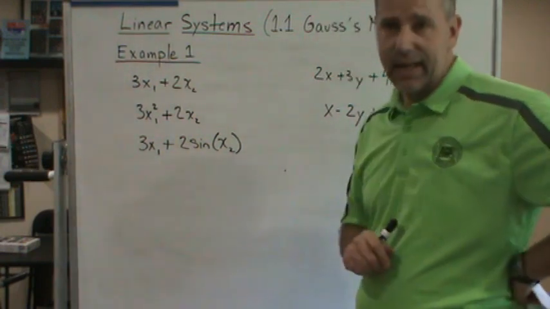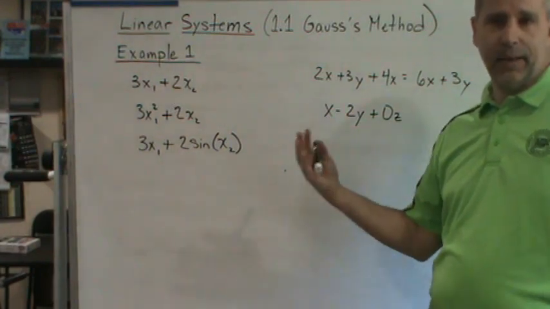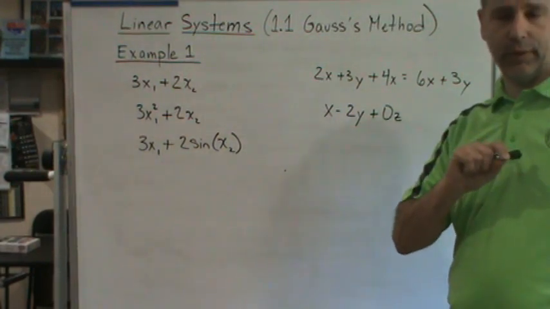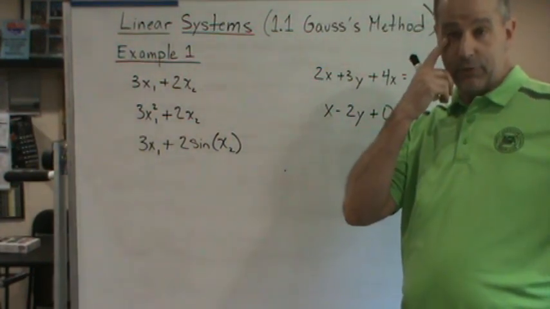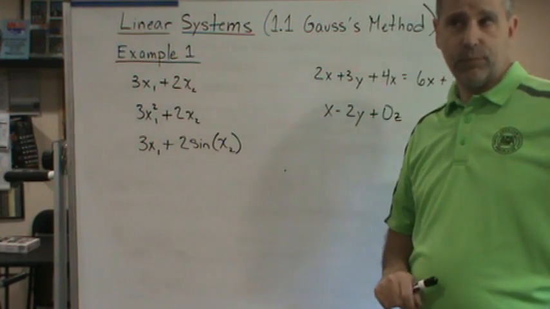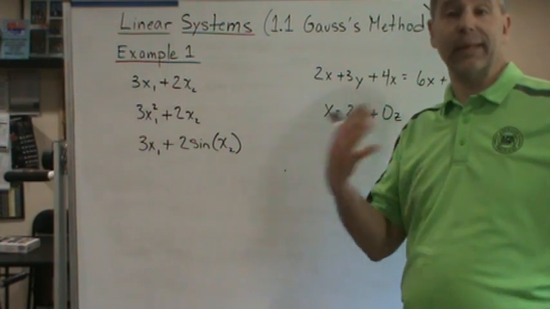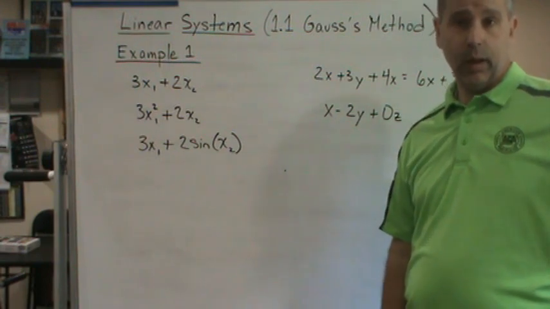The reason is that if the variables were the same, we could just combine them and move on. So when we're dealing with the abstract and we have x1, x2, x3, we're mostly assuming that they're unequal values.